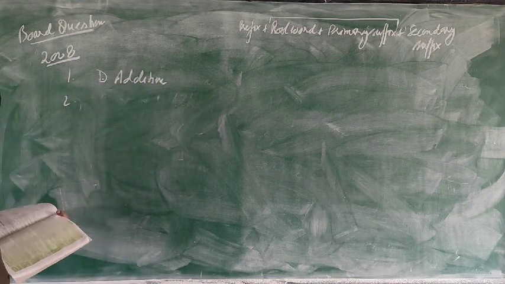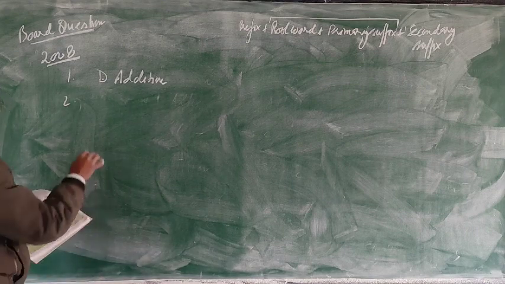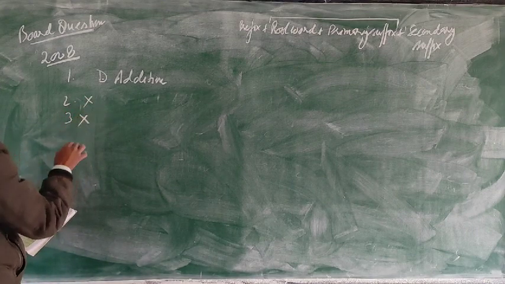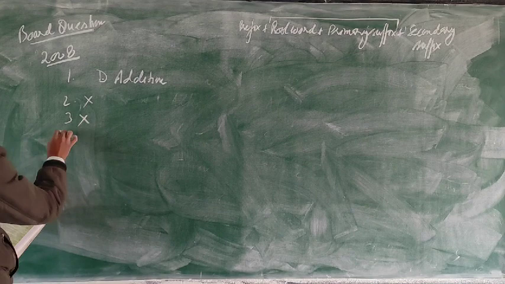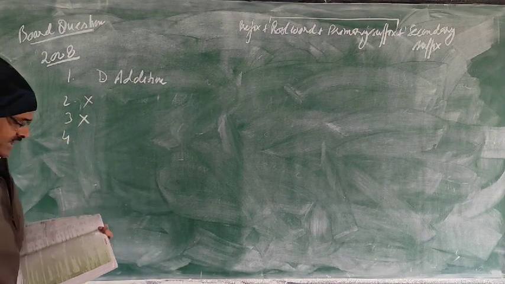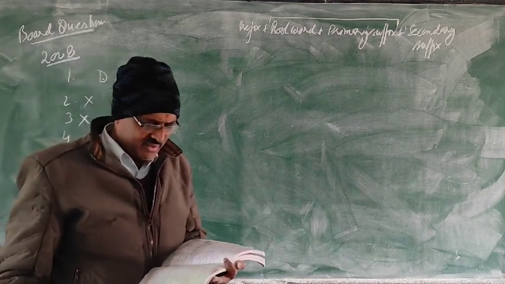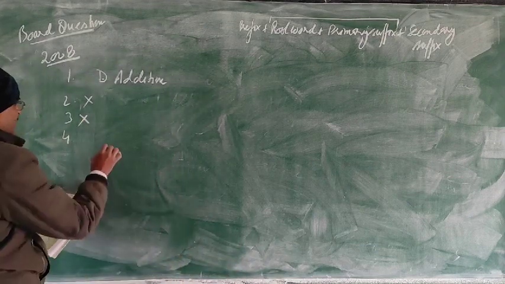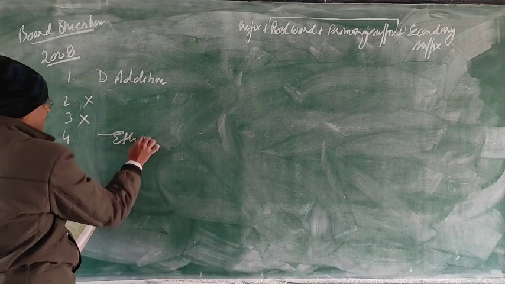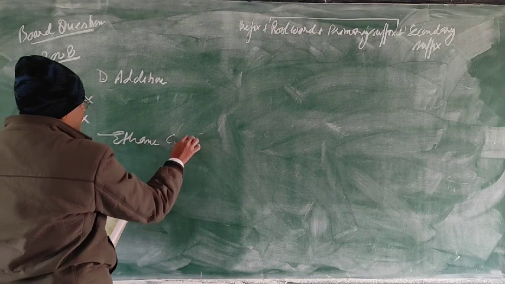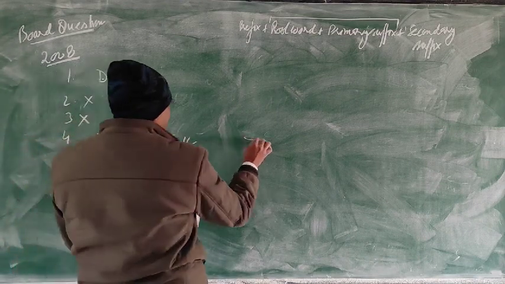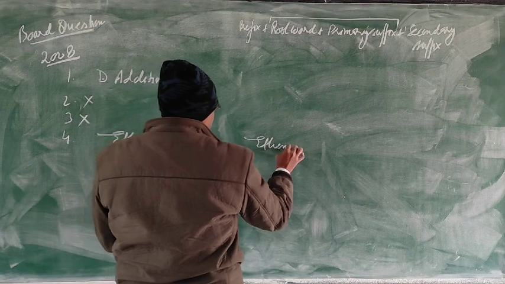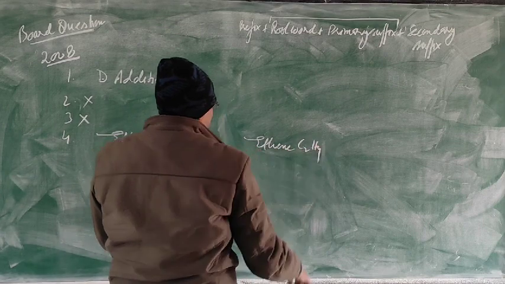Then the second one is not in the syllabus. The second and third were already removed. Then the fourth: distinguish between ethane and ethene by drawing their structure. Ethane is saturated, C2H6, and ethene, C2H4, is unsaturated.